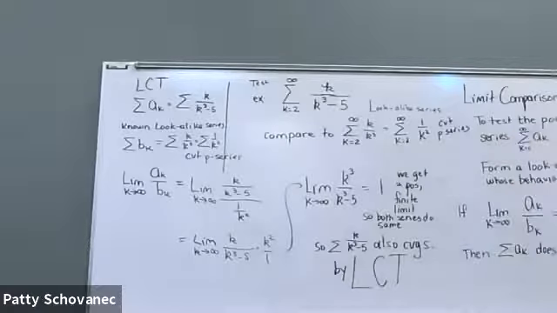The limit comparison test, we don't care which one's bigger or smaller. We just make a quick limit of the given series with the BKs, and they follow each other. If you get a positive finite limit, they follow each other in such a way that the AKs do what the BKs do.